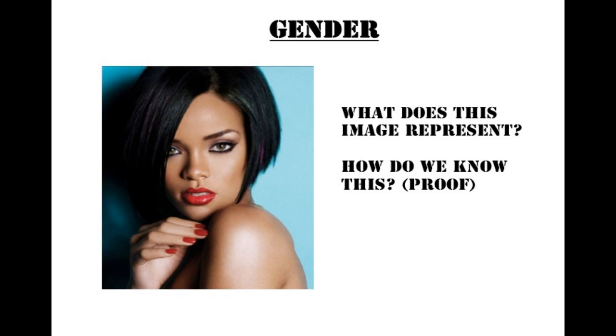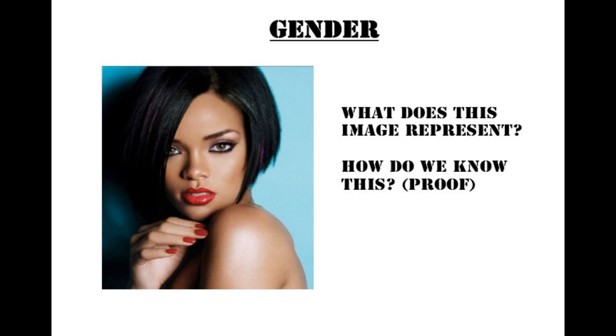Okay, so gender. What does this image represent and how do we know this? Well, everyone knows who this is. That's the picture of Rihanna. But exactly what does that image tell us as a viewer? It's telling us that this gender, or women, can be seen as sex objects.